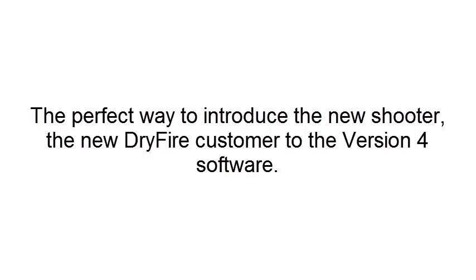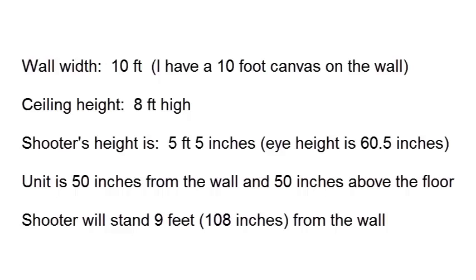So let me lay down the premise of what we're going to be trying to do here in this series of 6 sessions. First, the wall width in the room that I'm going to be operating in is 10 feet wide, and I have a 10-foot canvas on the wall. The ceiling height in my room is 8 feet. The shooter that I'm setting this up for is 5 foot 5 inches tall, and the person's eye height is 60.5 inches from the floor.